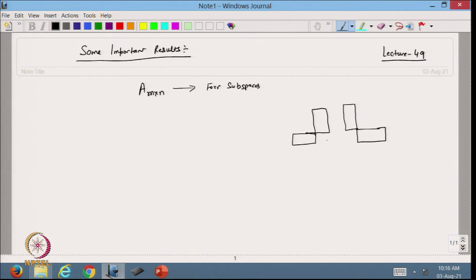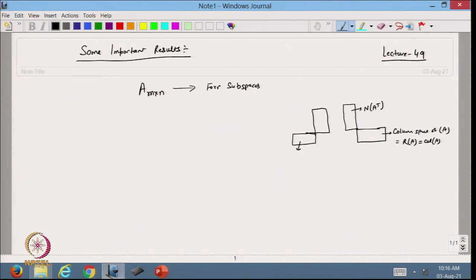Now I know the matrix A can be written as a linear transformation. So this I write as the column space of A, and this we also write as the range space of A. So I can write the range space of A as the column space of A. Now I know this is the null space of A transpose.